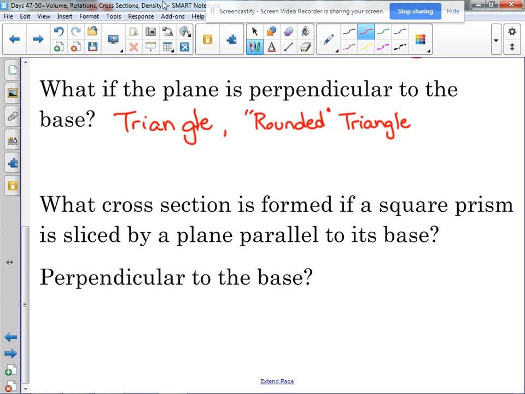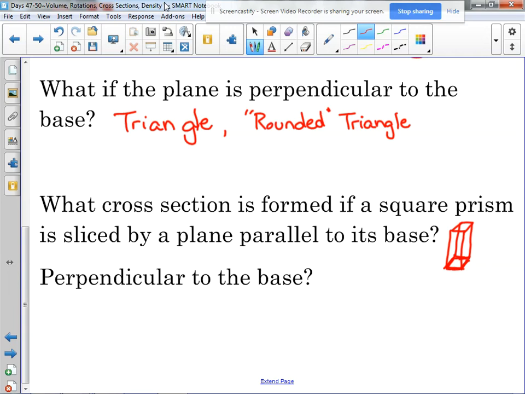How about if we're talking about a square prism? So we've got a square on the base here, and it's a prism, so it's taller. So pretend those side lengths are the same down here. I actually did a fairly decent job.